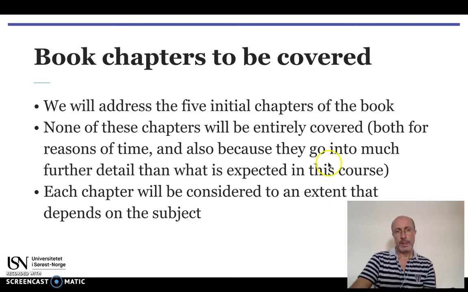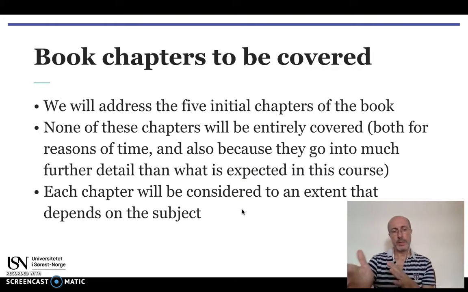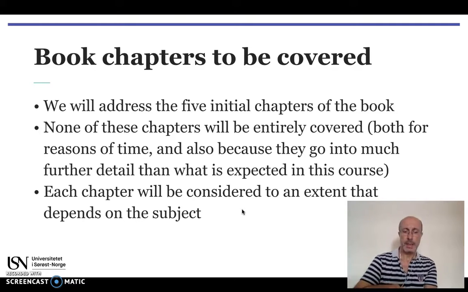We will address the initial 5 chapters of the book, but none of them will be entirely covered because the intended learning outcomes of this course, those addressing knowledge and competence, do not require us to go into that much detail. And likewise, some chapters will be covered more superficially, while others will be considered in further detail, particularly when they relate to our final coursework assignment.